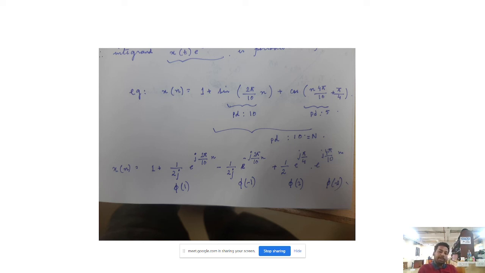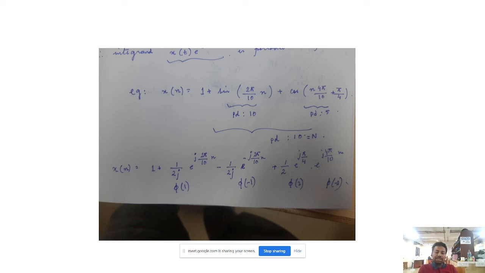Now, if I write sine theta in terms of e to the power of j theta, I know everyone has done this kind of derivation or simple manipulation, but I'm just saying.